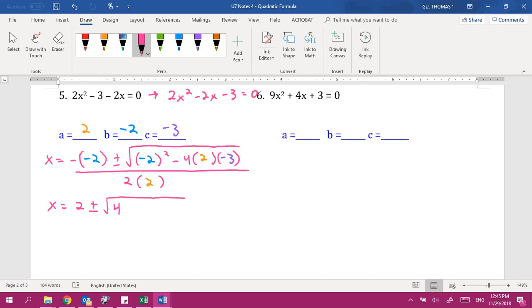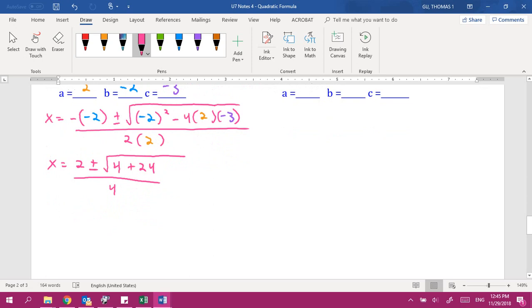So it's going to be positive. So we can put plus 24. Over 4. Okay, now we want to simplify inside the square root. So x equals 2 plus or minus square root of 28, right? Over 4.